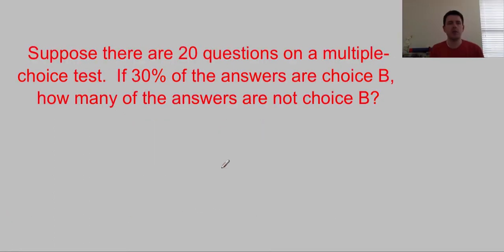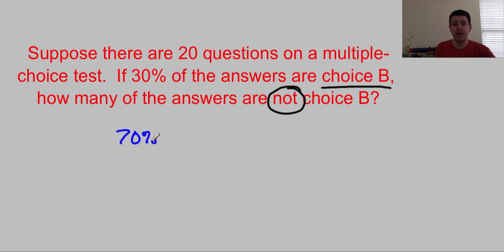Last one. Suppose there are 20 questions on a multiple choice test. If 30% of the answers are choice B, how many of the answers are not choice B? So this one requires a little bit of careful reading. I tried to trick you here, but I'm pointing it out for you so I don't trick you. 30% is choice B, so how much is not choice B? Well, if 30% is, that means 70% is not.